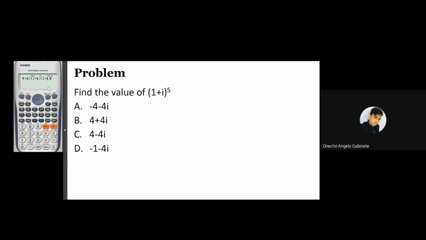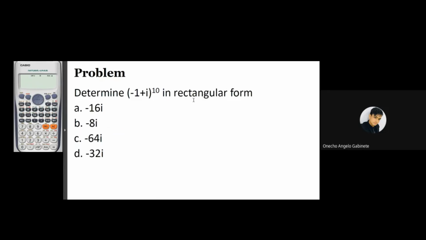Press equals. What came out? Negative 4 minus 4i. Very good. When I manipulated the given, the answer came out when I input it in the calculator. Next, determine negative 1 plus i raised to 10 in rectangular form.